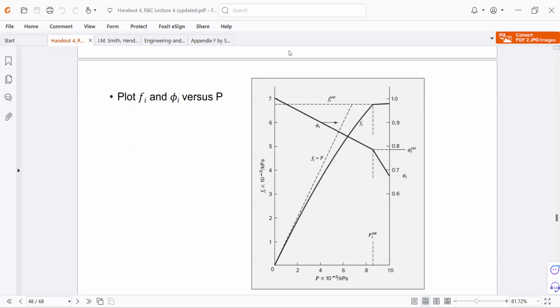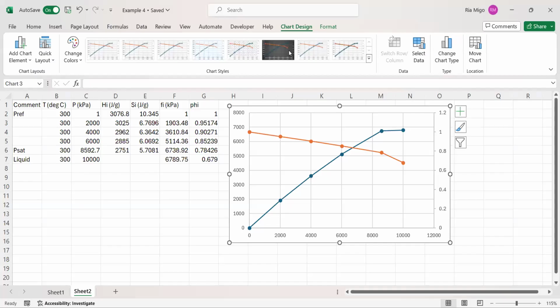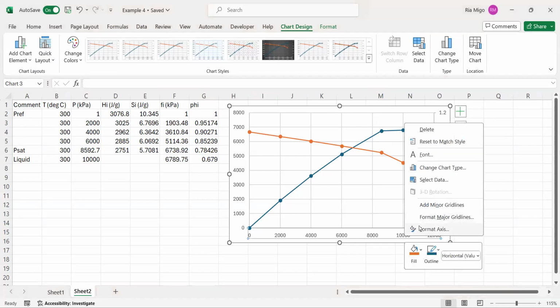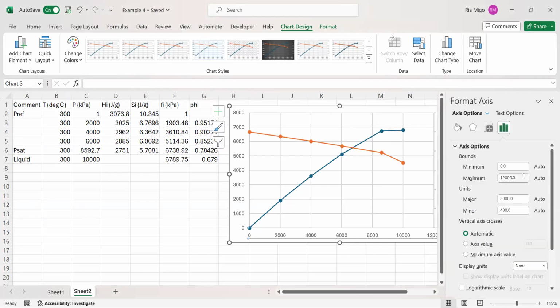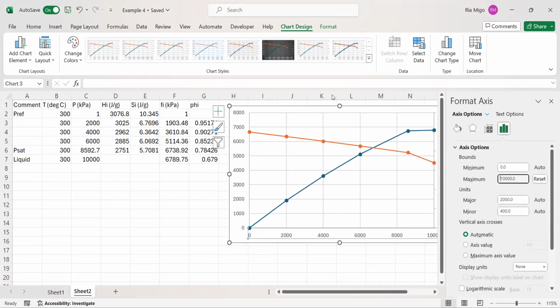So we need to fix the graph for aesthetic purposes, but this already is your answer. We want to remove the space here. So let us format the axis and make the pressure go up to 10,000.